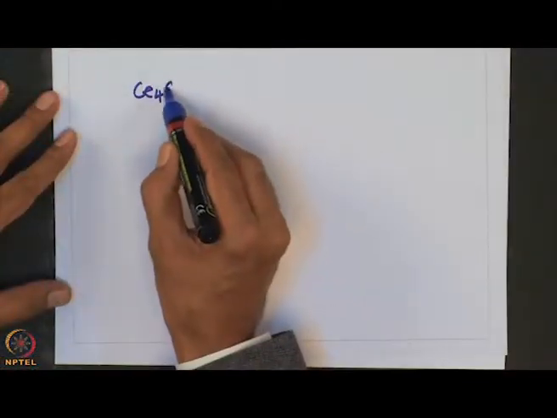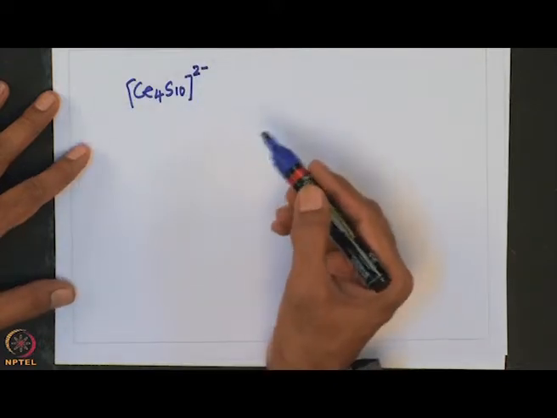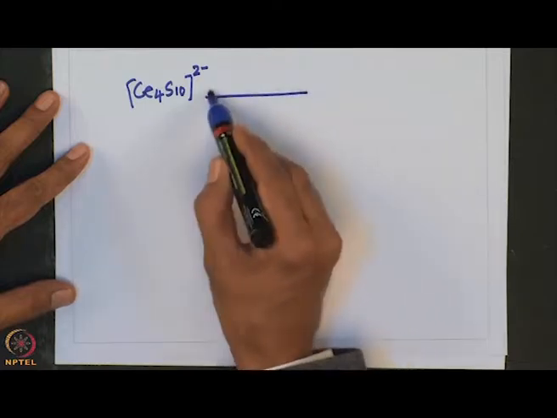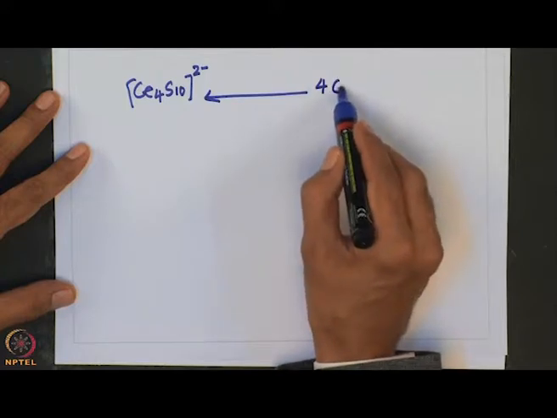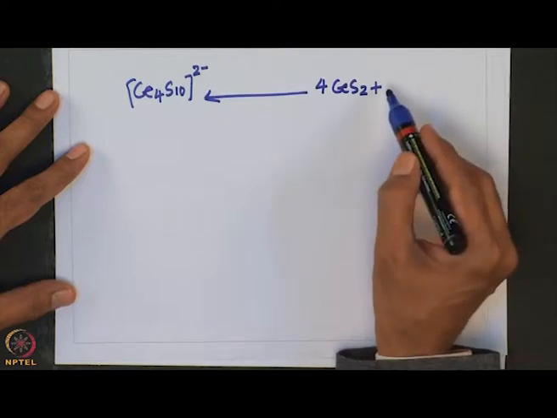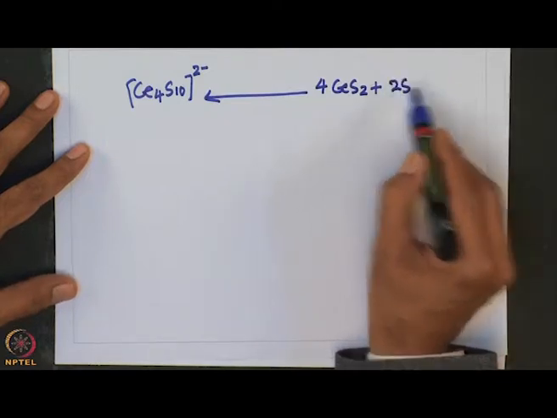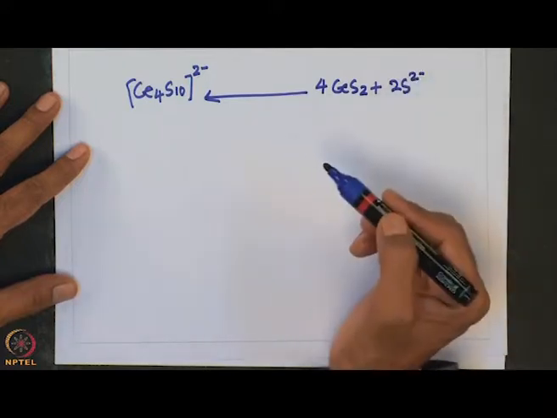Some of these sulfides of tin and germanium have cluster structures. For example, if you consider Ge4S10 2 minus, which can be prepared starting from germanium sulfide with a sulfide source, essentially cesium sulfide.